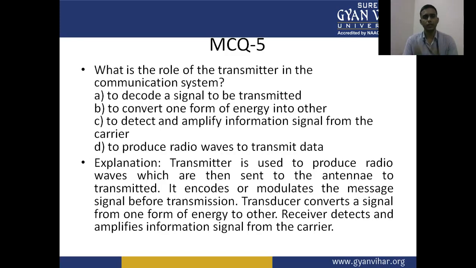Question number 5: what is the role of the transmitter in a communication system? A, to decode a signal to be transmitted. B, to convert one form of energy into the other. C, to detect and amplify the information signal from the carrier.